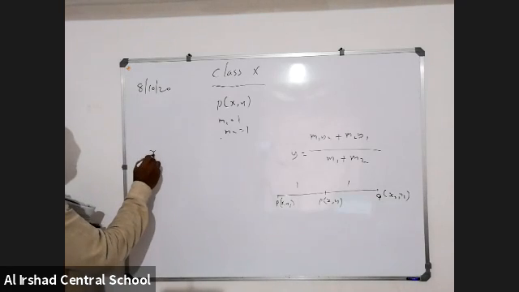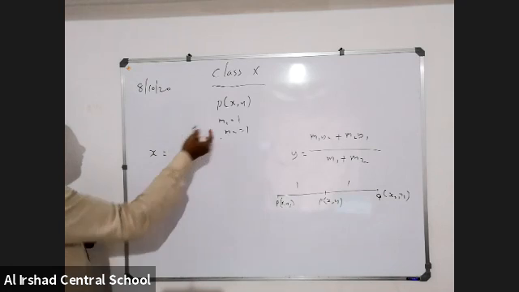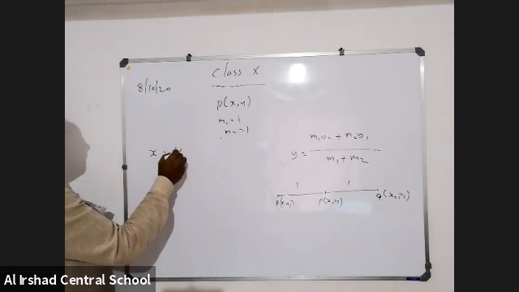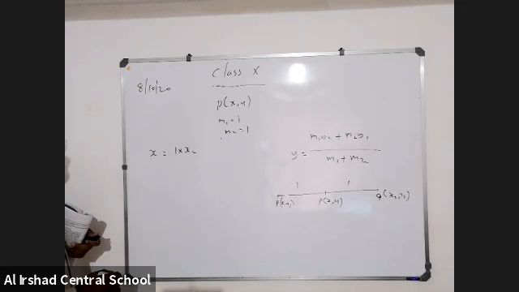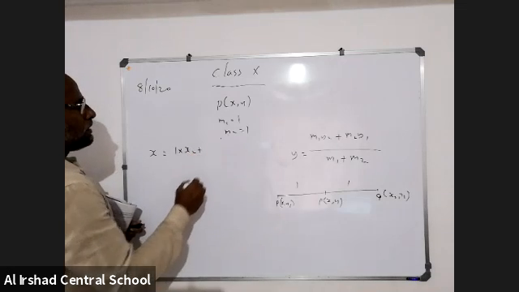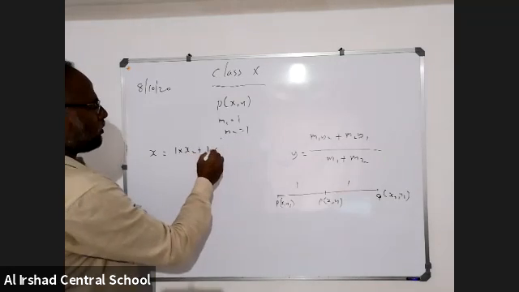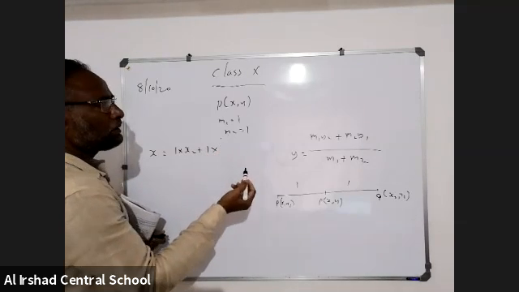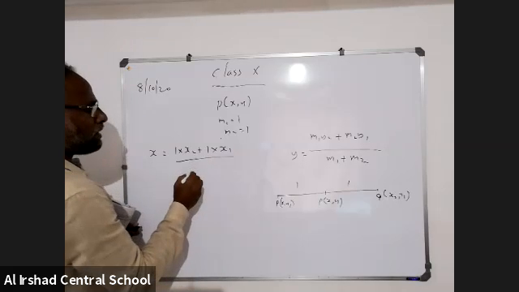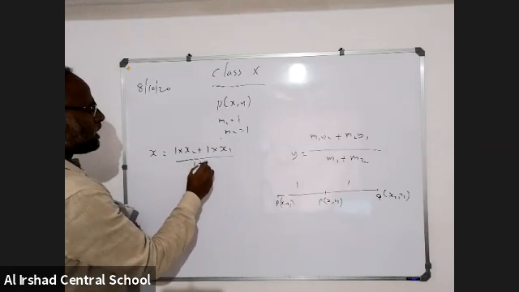What is the x coordinate equal to? What is your m1? 1. 1 into x2 plus, again m2 also 1, 1 into x1, divided by 1 plus 1.